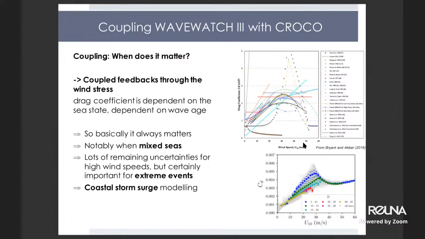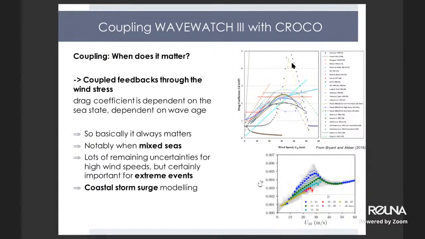So as we can see, we have this dependence for all wind speeds. So basically, coupled feedbacks of waves on the wind stress always matter. But we can see that it particularly matters when you have mixed seas, that is different wave ages that induce a strong variability in your drag coefficient. There are also a lot of remaining uncertainties for high wind speed, as I said.